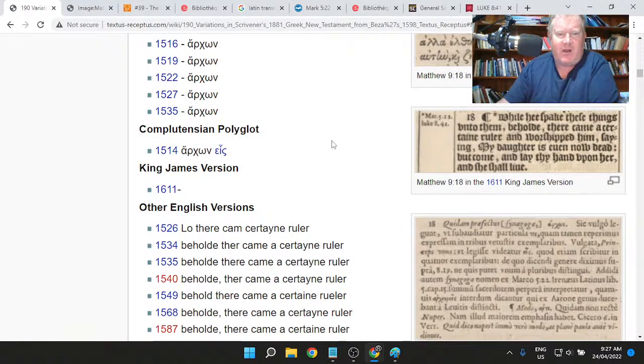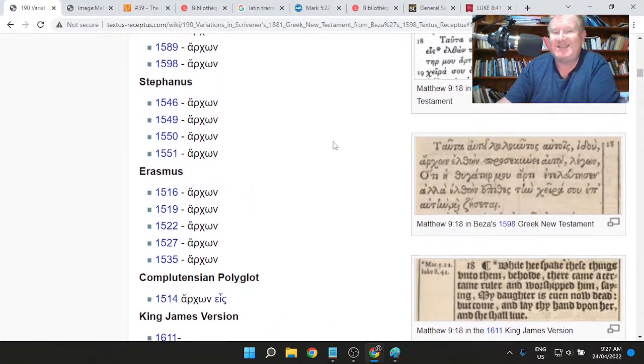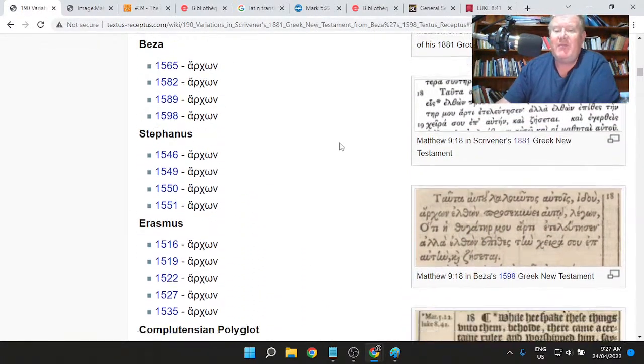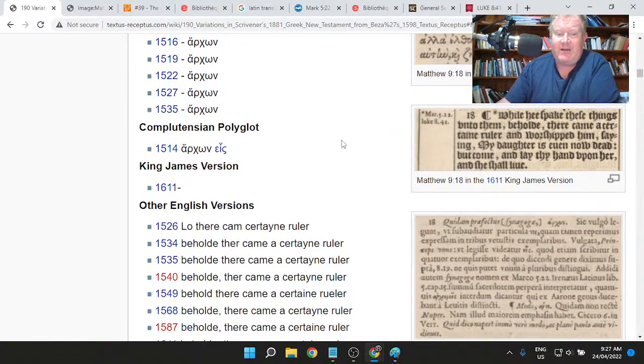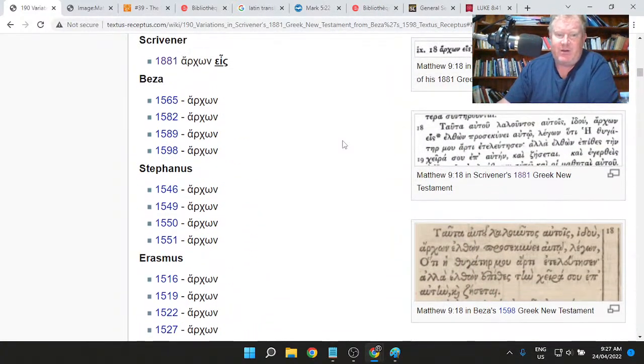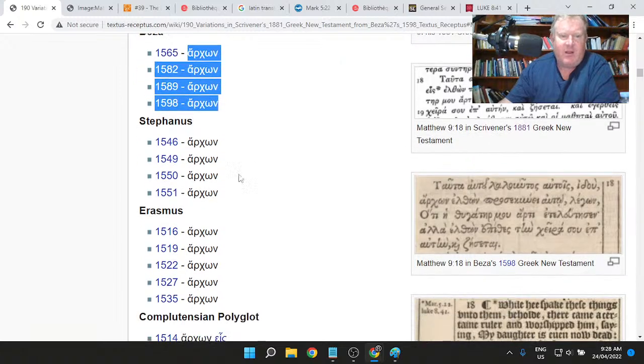And I believe that I can easily prove that this ice is unnecessary, that Scrivener has put it in because he's sort of following the Vulgate, following the Complutensian polyglot. But I don't think that the King James translators use this. So let's have a look. All of Beza's editions just have archon.